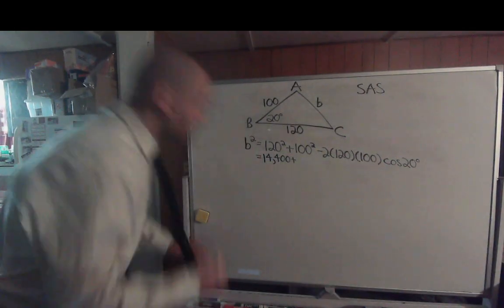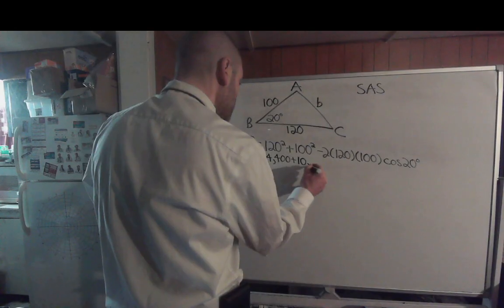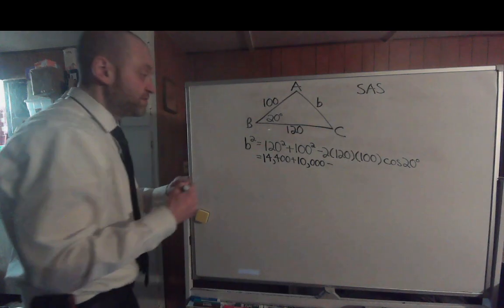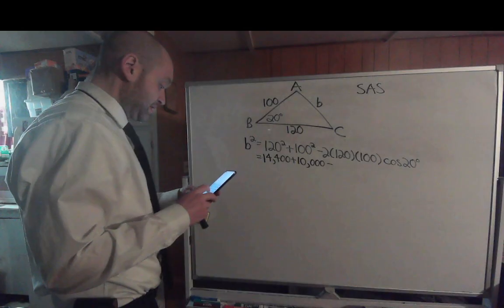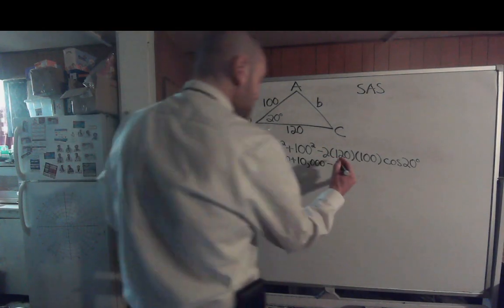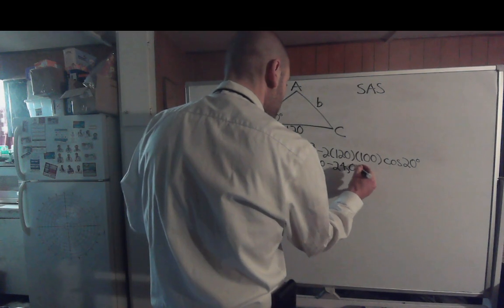That's 10,000. Now, let's figure out 2 times 120 times 100. That'd be minus 24,000 times the cosine of 20 degrees.